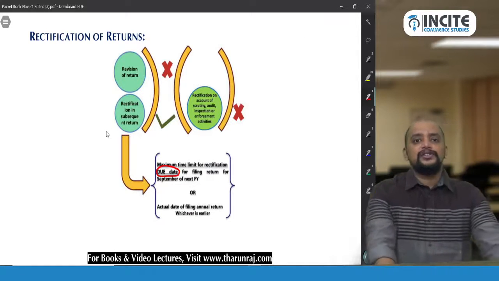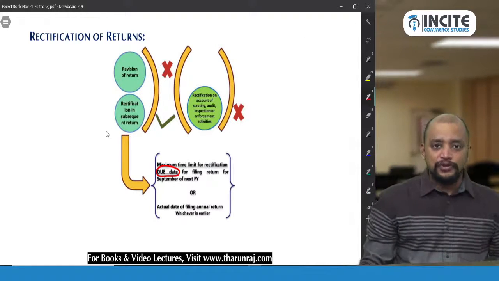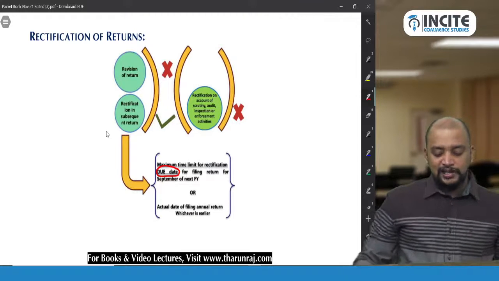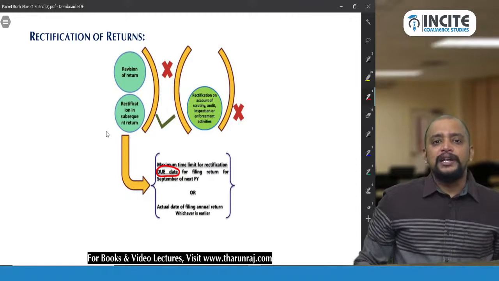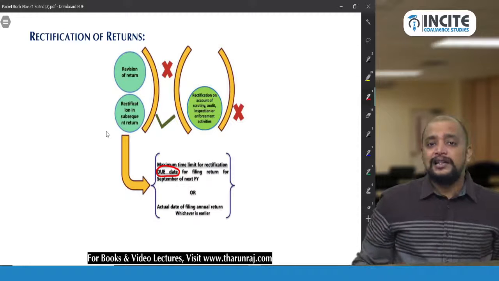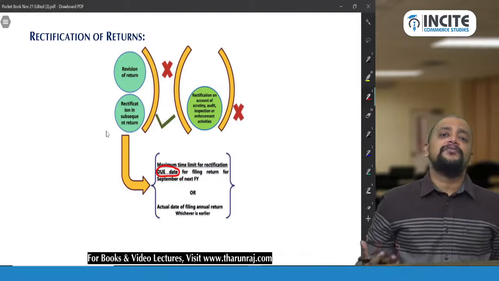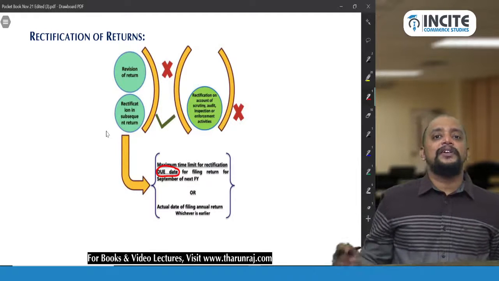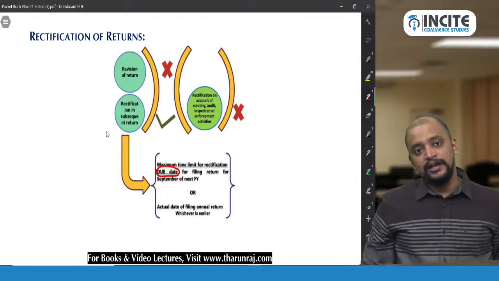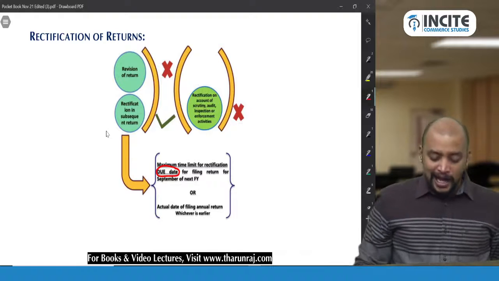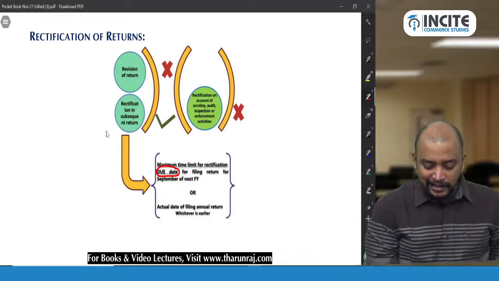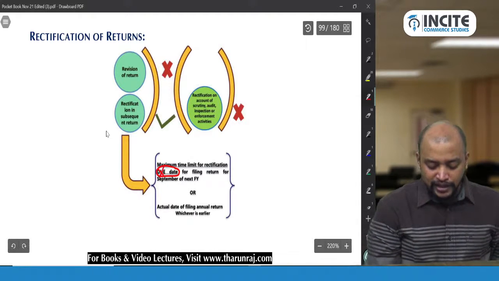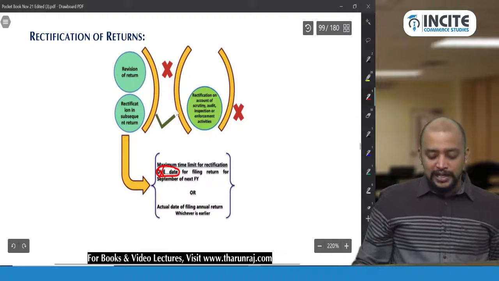Actually, it is given in the law as the date of filing the return for September of the succeeding financial year or the date of filing the annual return, whichever is earlier. Therefore, it should be the actual date but not the due date.